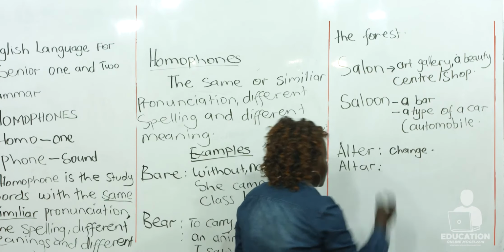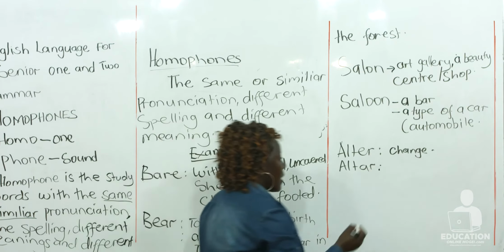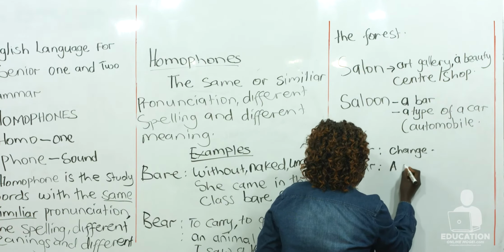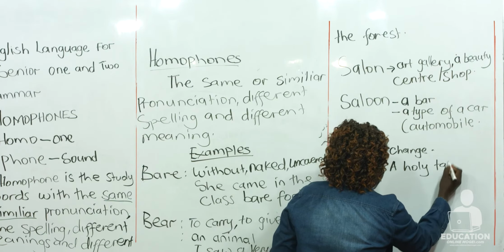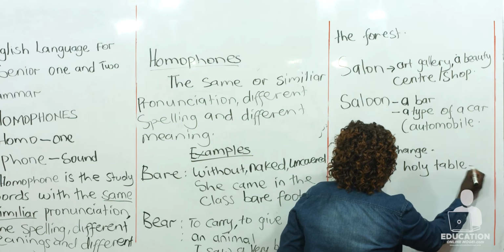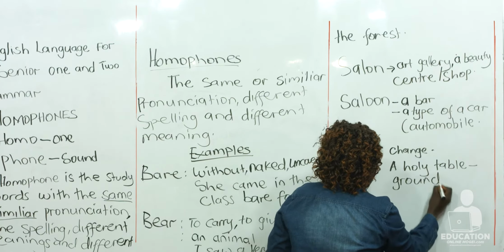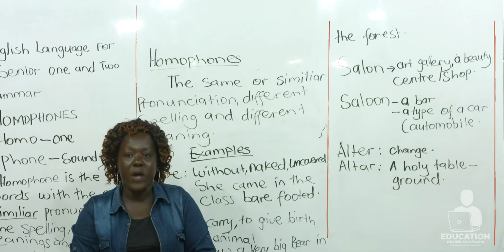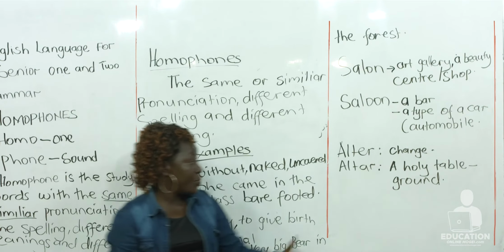This one means a holy place, or a holy table. Sometimes it is a holy ground. For instance, in places of worship, you can find a demarcation, a place set apart to be holy.